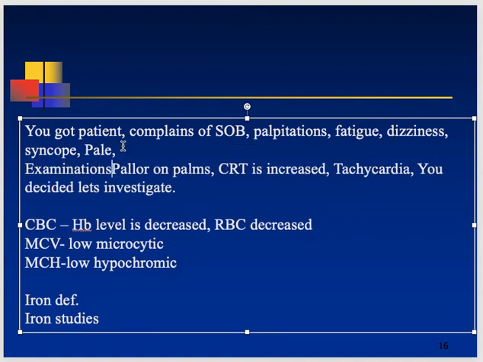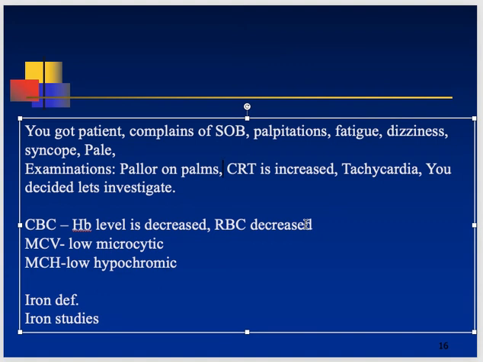In the examination, you can check for pallor in the mucous membranes and the conjunctiva. You will check for hypotension, as I told you before, by checking the blood pressure. And then you search for signs of the causes.